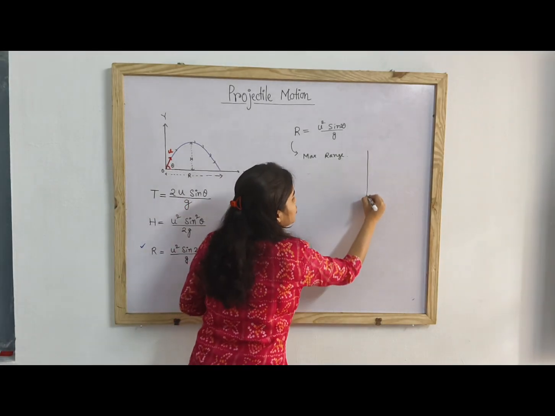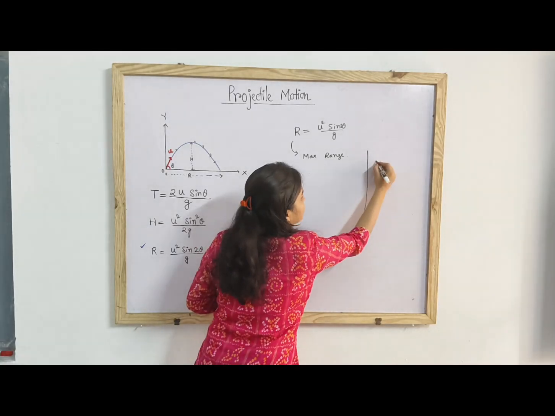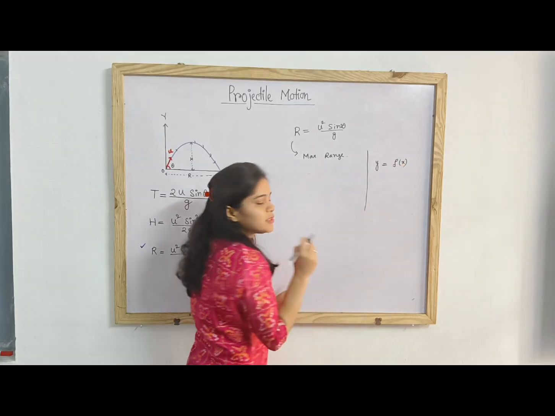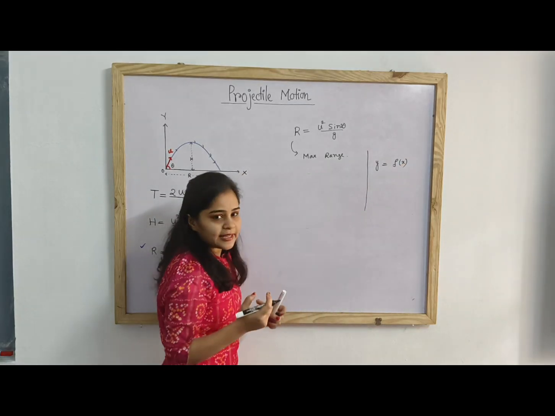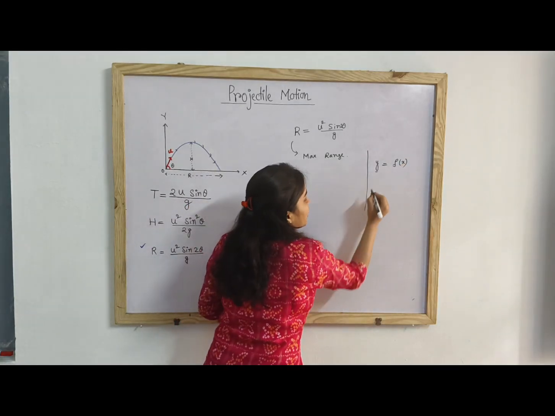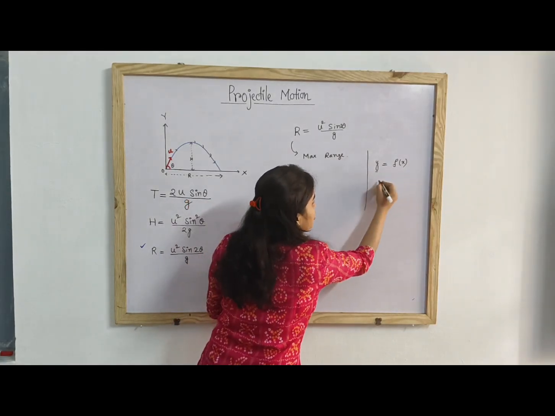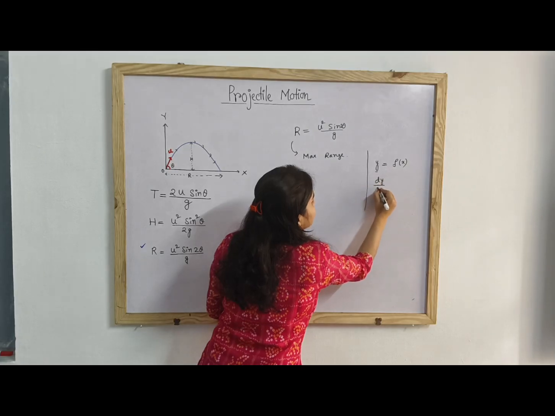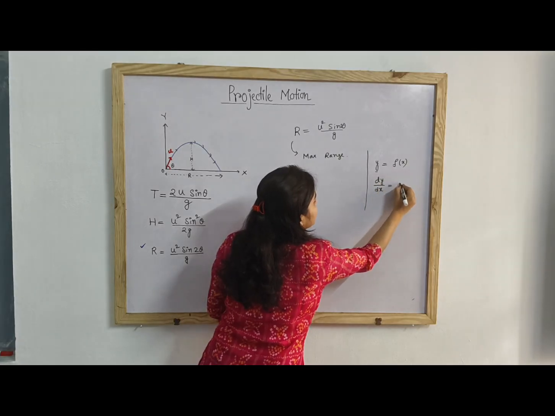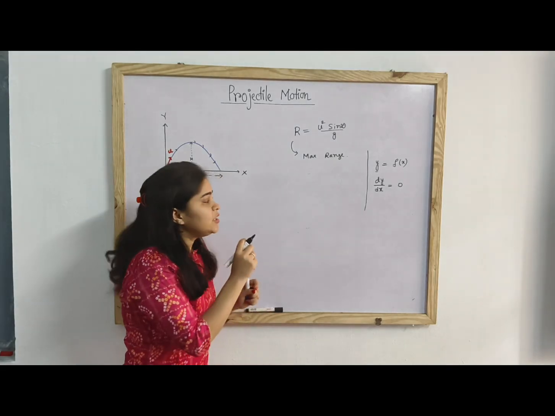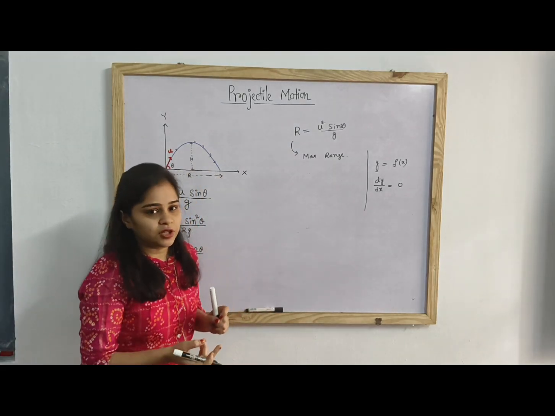Before that, from math, if y is a function of x, that means y depends on x, then the value of y will be maximum or minimum for what value of x? We can find that value of x by first order differentiation of y, and after that we equate dy/dx to 0.